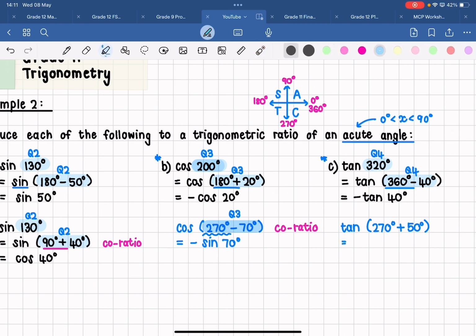So again, steer clear of this, but just for interest's sake, 320 is the same as 270 plus 50. That angle is still in the fourth quadrant. Tan is still negative. So now because it's 270, you need to change it to the co-ratio, which is cot, which is also not in the syllabus anymore, of 50 degrees.